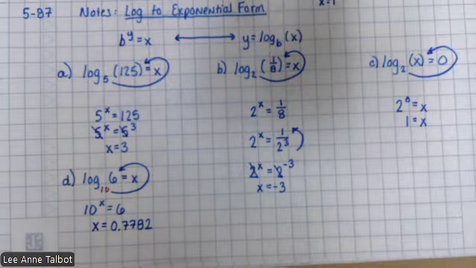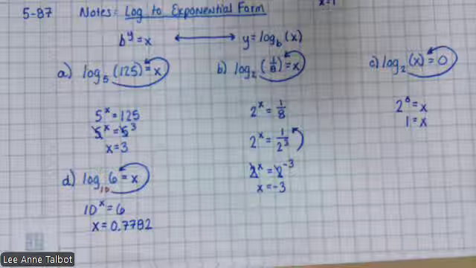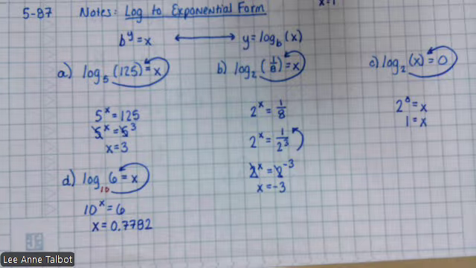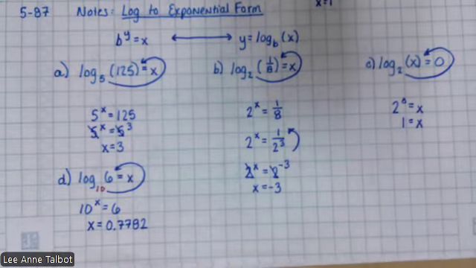Yeah, the notes were log and exponential form. So if the directions say rewrite in exponential form, you can't just type log 6 in your calculator. You have to rewrite it as 10 to the x equals 6. You'll miss a point if you don't rewrite it to exponential and it says rewrite it to exponential. So that's why I did all of that extra stuff.